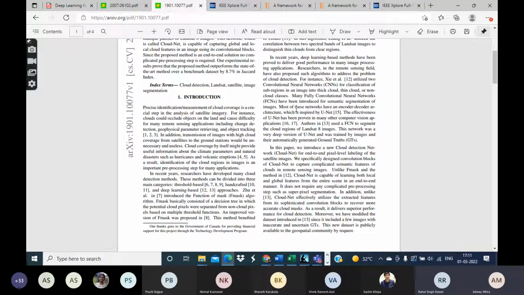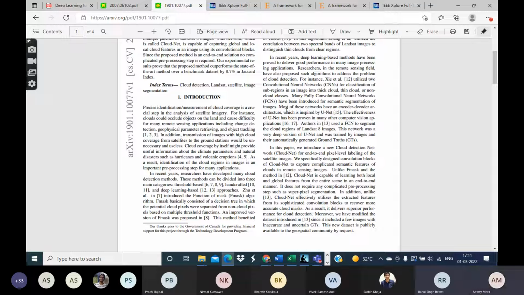Most of these networks have an encoder-decoder architecture which is inspired by UNet. Right? So UNet, as I have mentioned several times, first downsamples the image and gets a very condensed representation, that is called the encoding step, and from there they upsample the image and restore it back to the original resolution, that is called the decoder part.